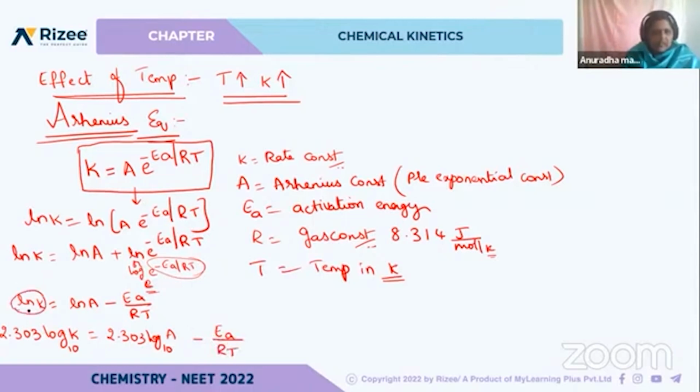So I'm converting ln K to log base 10 K, so we multiply by 2.303. And ln A also I'm converting to log base 10, so 2.303 log A base 10.